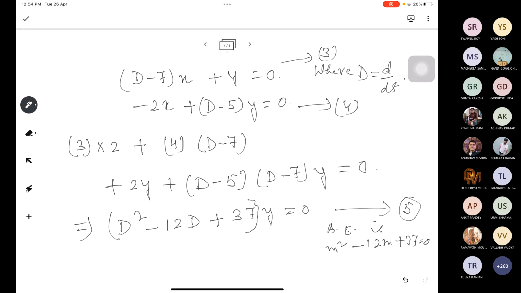Yes, you have rightly pointed out. (D squared minus 12D plus 37) operated on y. This is the operator f(D).